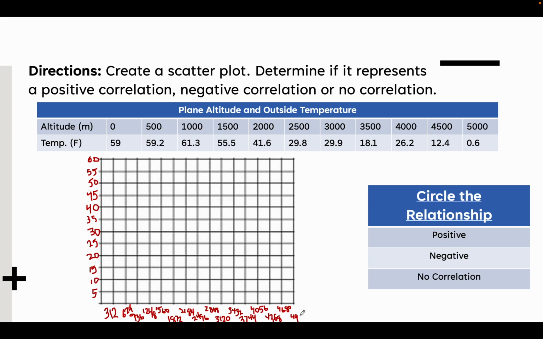This will put one value, that last data statement, slightly off the graph over here.